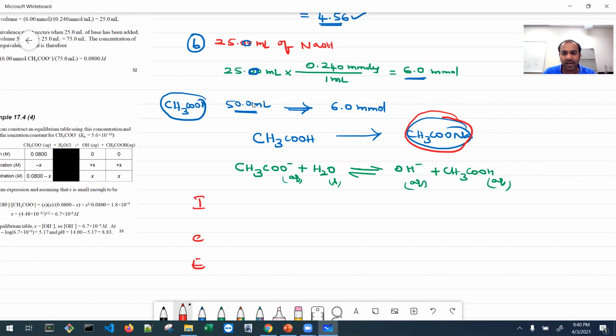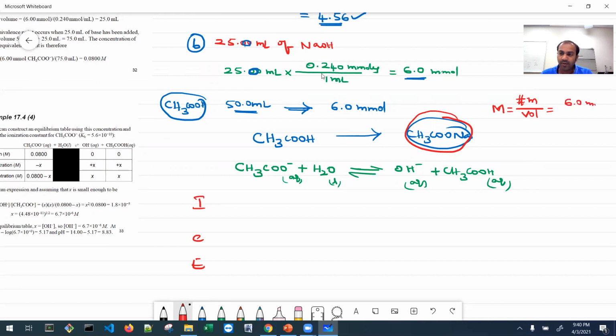Total volume is 75 milliliters. You know the number of moles, which is 6.0 millimoles, and the total volume is 75. You can calculate the concentration. Concentration is nothing but the number of moles over volume in liters. Here we're taking millimoles and milliliters.